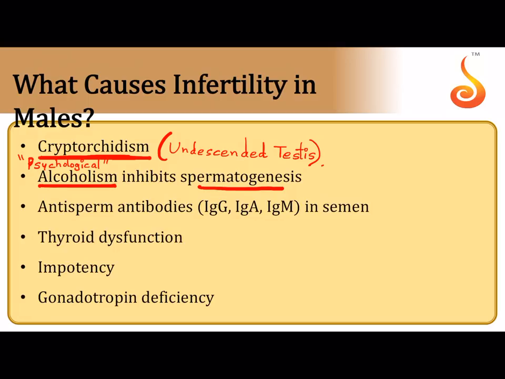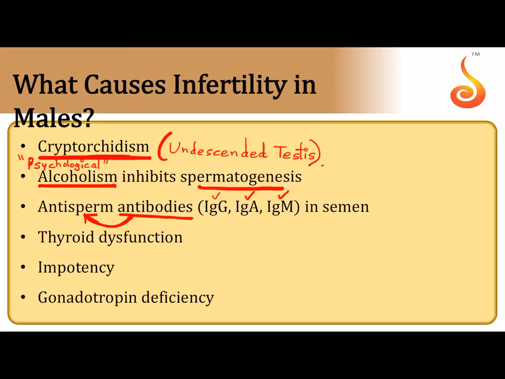Now, another surprising thing is sometimes there may be antibodies in the semen of the person against his own sperm. So, anti-sperm antibodies are present in the semen of the person. These anti-sperm antibodies are of three types. They may be IgG, IgA, IgM.